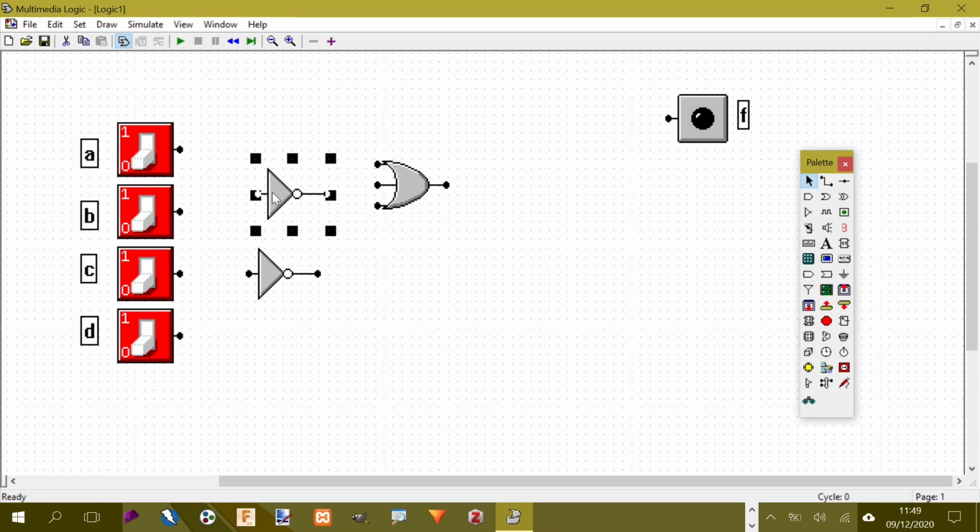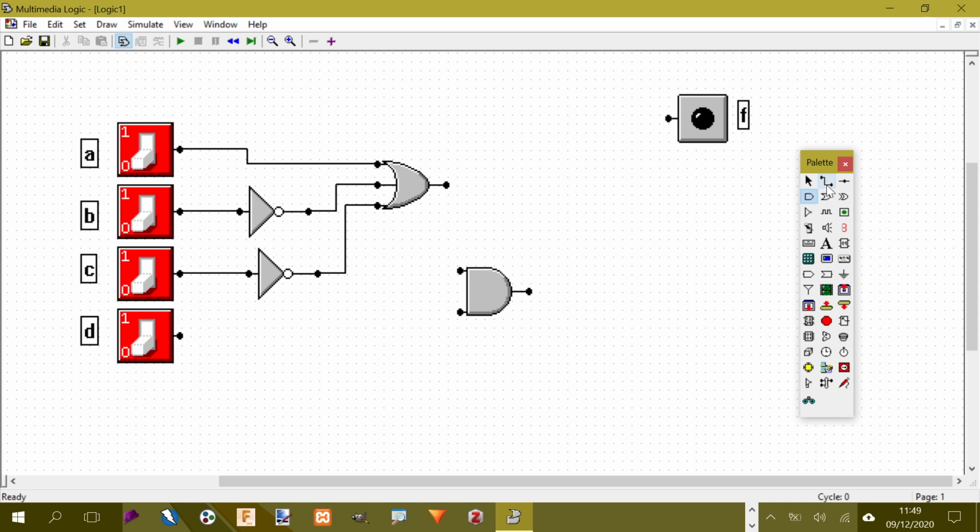So let's do the A input, A or not B, wire that one in, or not C. And then the output of the OR we bring together with the AND gate and input D. So A or not B or not C and D, and then the output going to F. So that's our circuit for that expression.